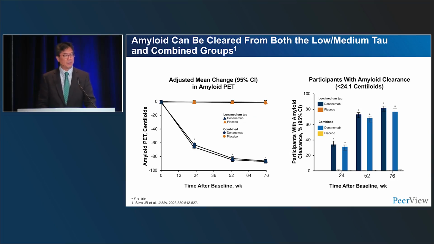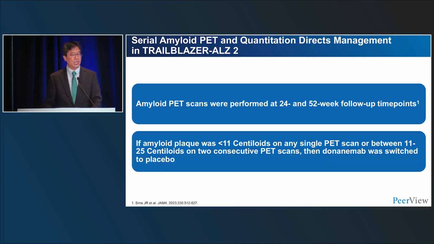And just like with lecanemab, amyloid is also cleared by donanemab. You can see in the placebo arm, essentially no change in your amyloid PET scan, but significant clearance to negative or near negative levels with the administration of the anti-amyloid antibody. Okay? And this is how it was done in the TRAILBLAZER trial. This was a real breakthrough.